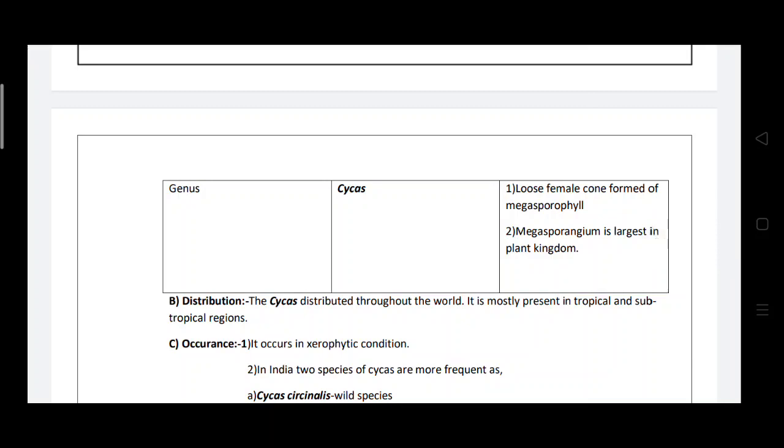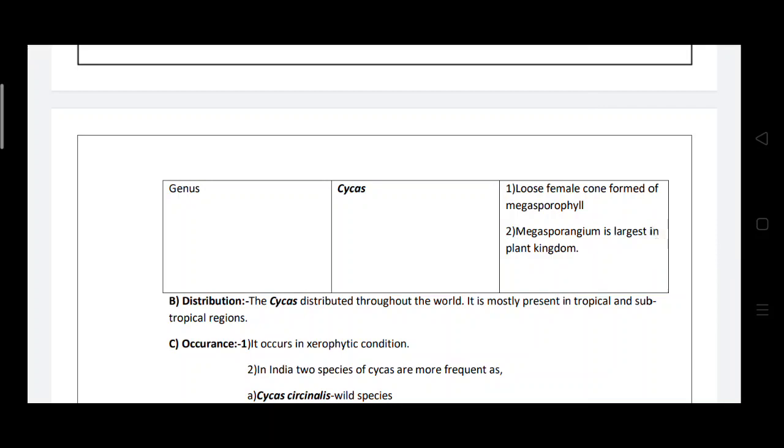Then next is the distribution. The Cycas plant is distributed throughout the world, but mostly it is present in tropical and some subtropical regions. I think in your syllabus there are also biogeographical regions, in which we have studied the different regions present in the world in detail.